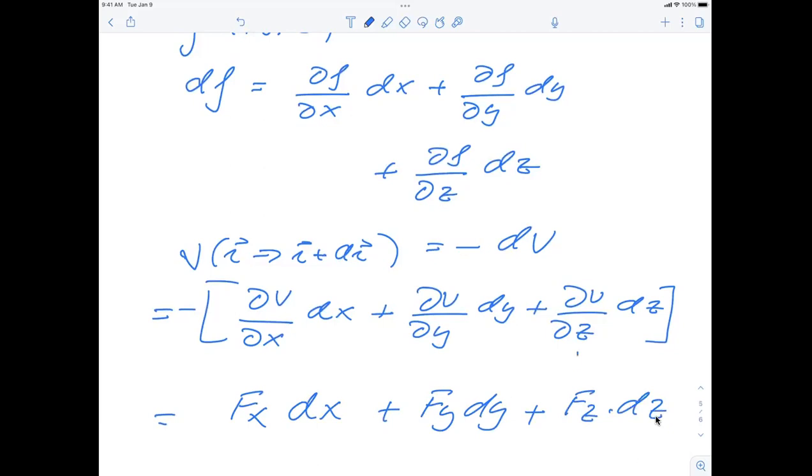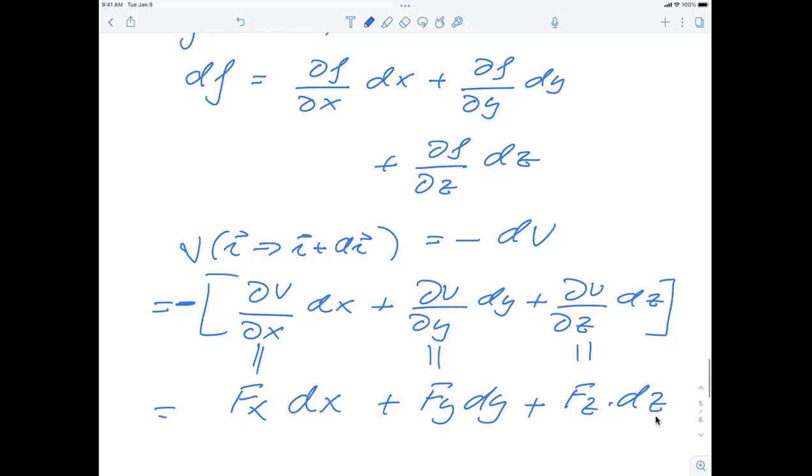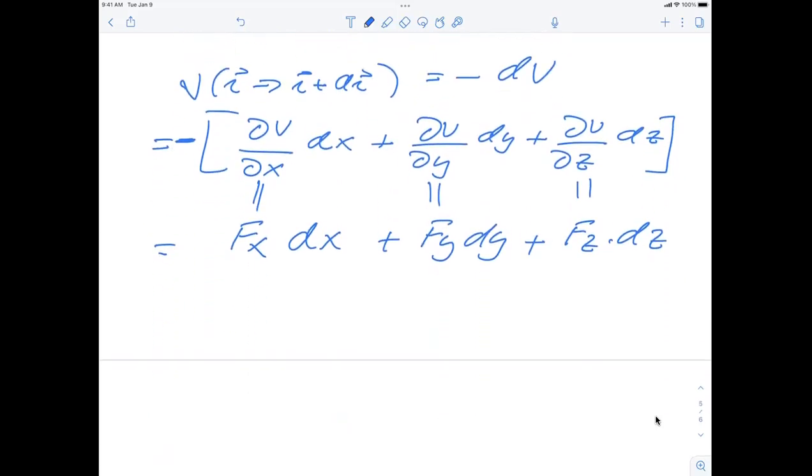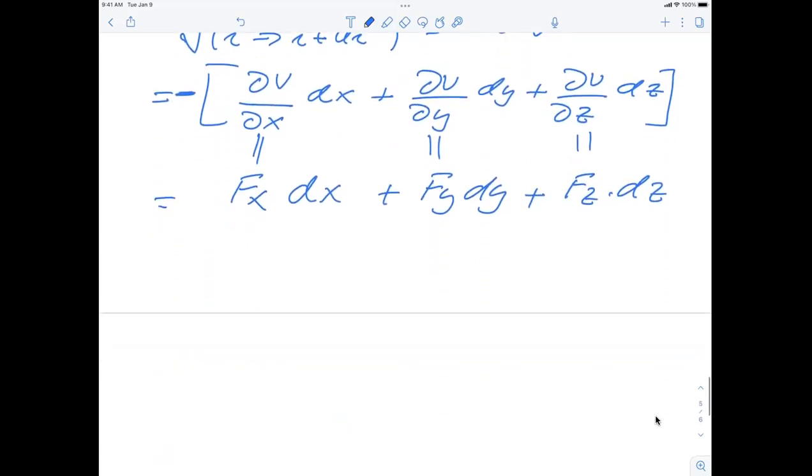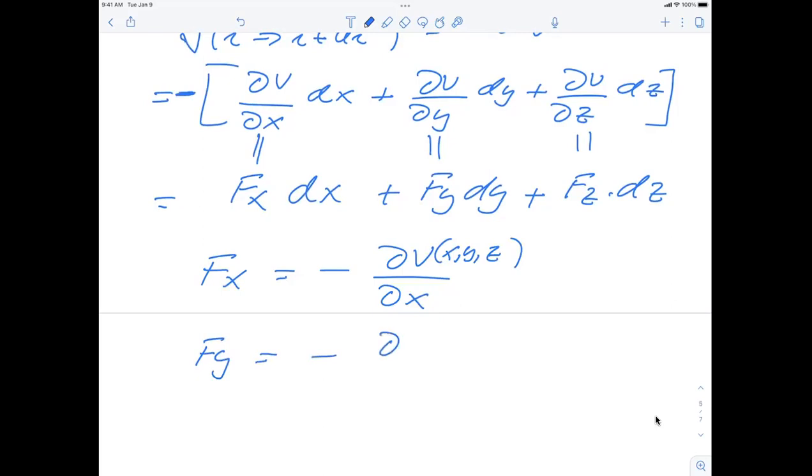And now you see that this term is equal to that one, and to that one, except that we have to pay attention because there's a minus sign in front of it. It means that F of x is equal to minus the partial derivative of the potential with respect to x, and the potential now depends on x, y, and z. F of y is given by minus dV/dy.